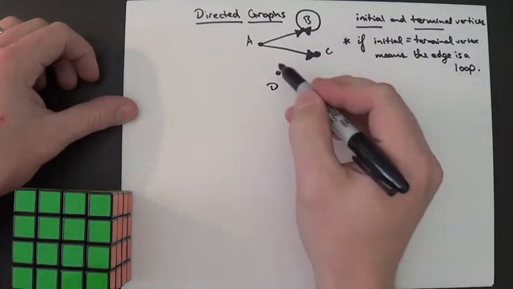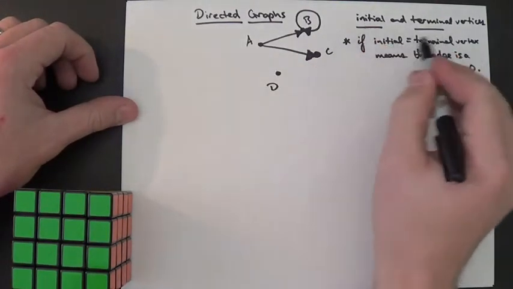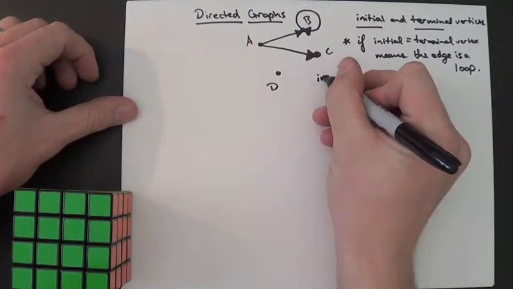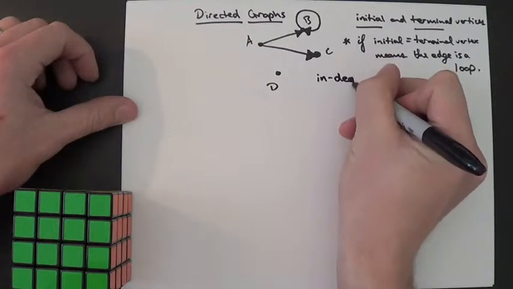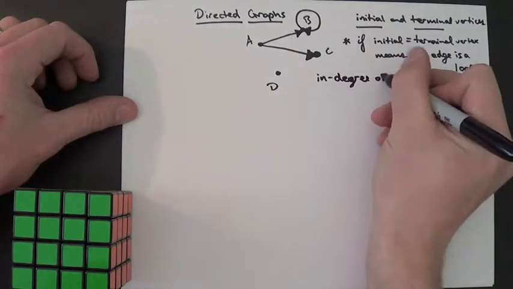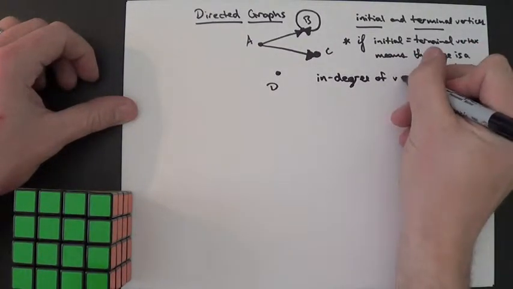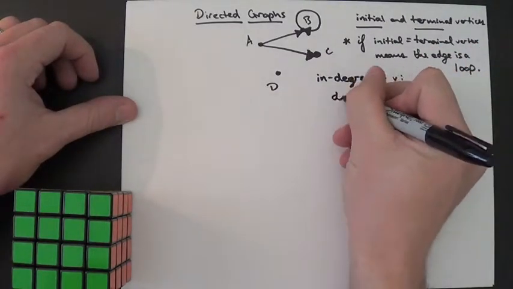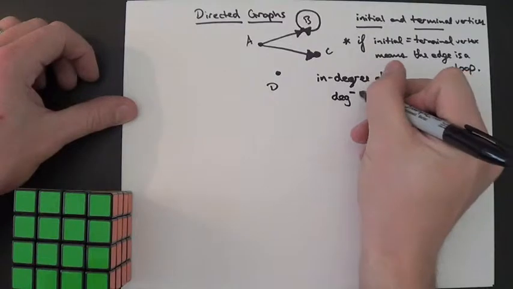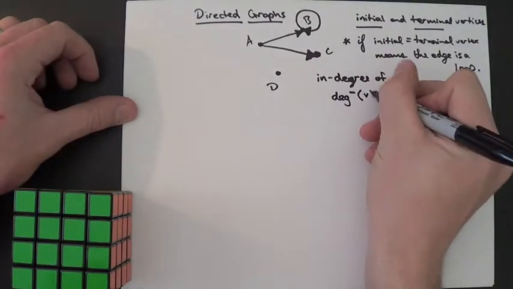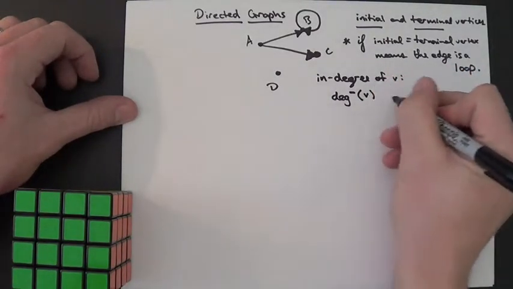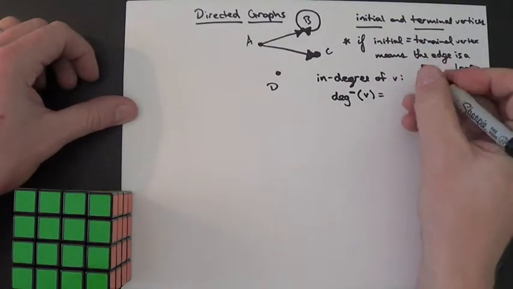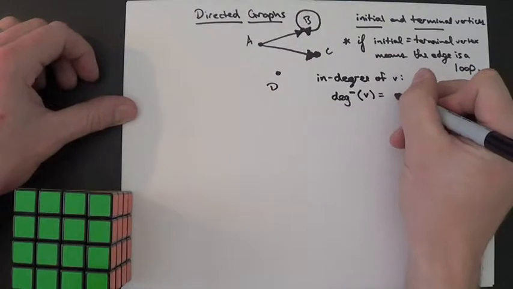So, in addition to initial and terminal vertices, we can discuss the in degree of a vertex, V. The in degree is going to be denoted with a superscript minus sign, and that's the in degree of a vertex, meaning the number of edges for which V is a terminal vertex.